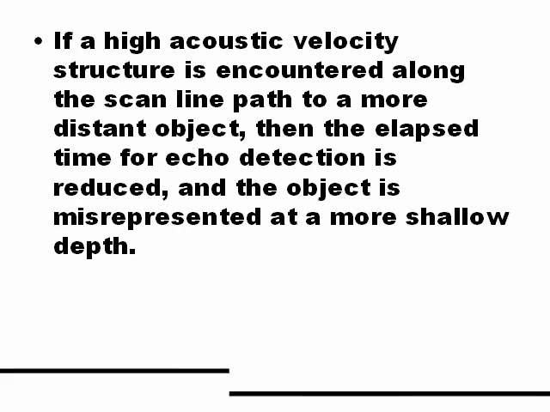A high acoustic velocity is encountered along the scanline path to a more distant object. The object is misrepresented at a more shallow depth. It's nearer than the real position, because the area has more velocity than the soft tissue propagation speed.